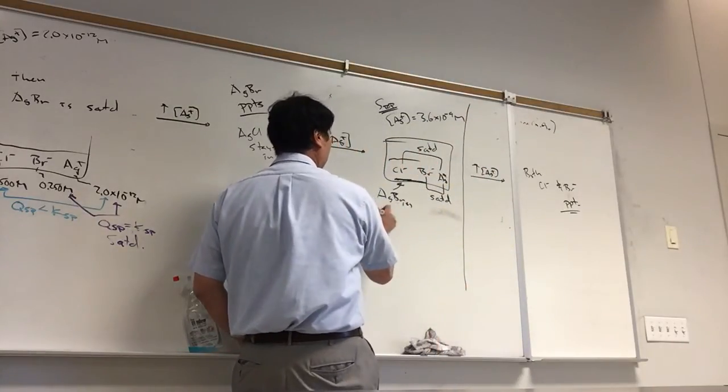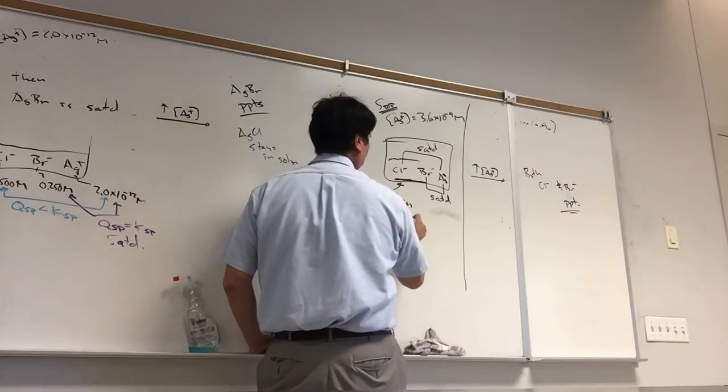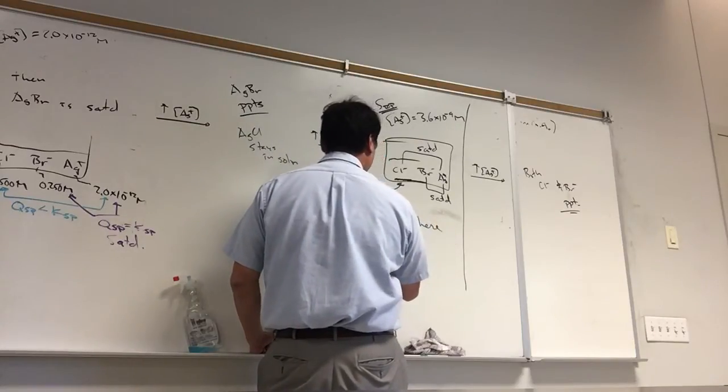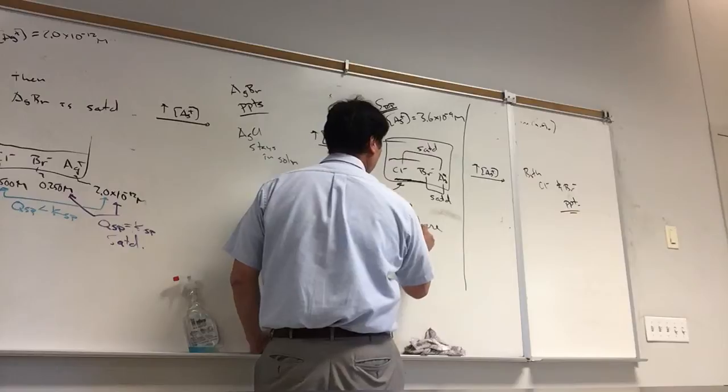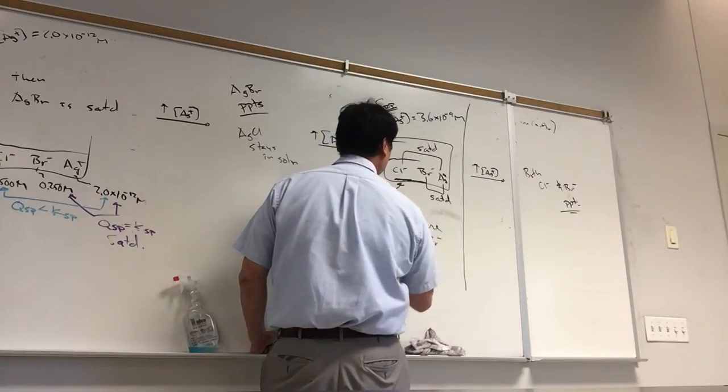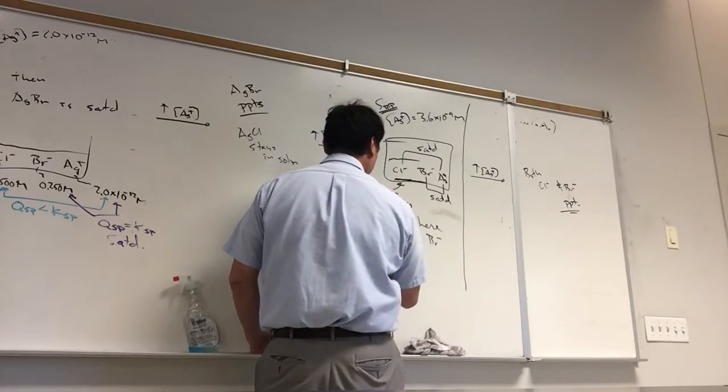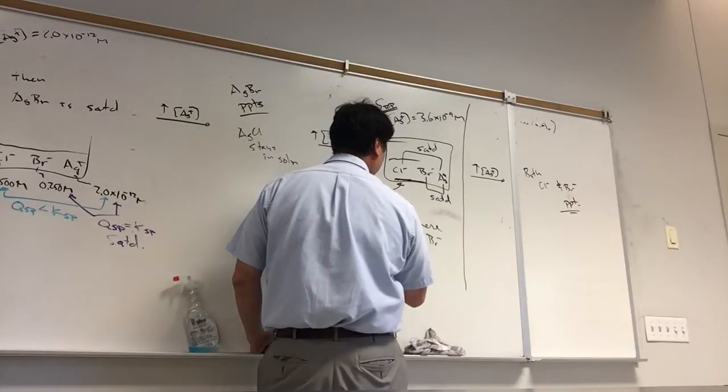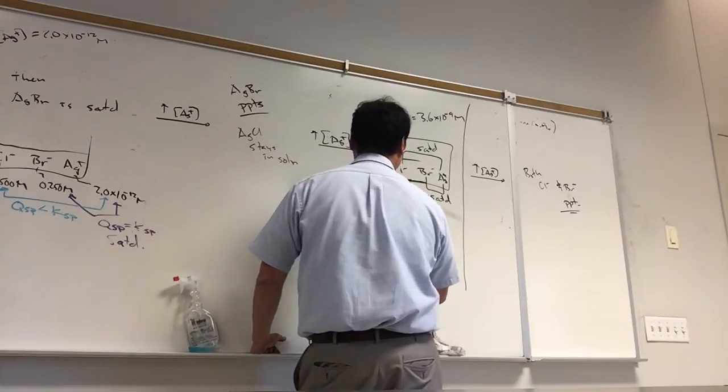If I stop here, how much of the bromide was precipitated?